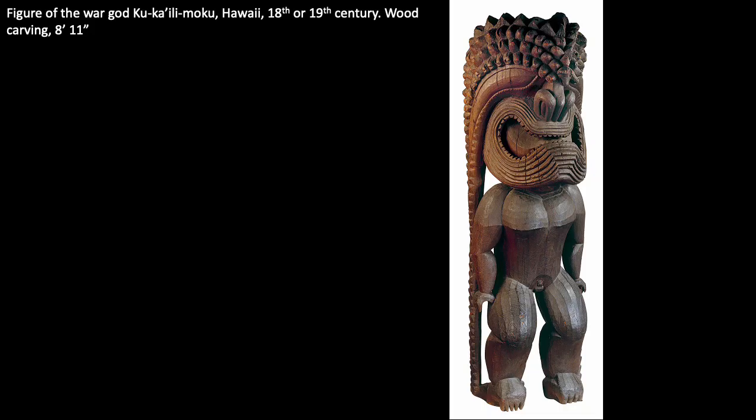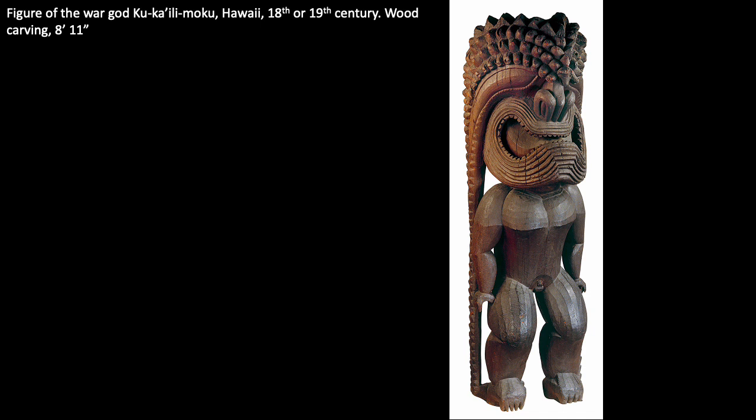Again, we don't have a lot of examples of ancient wooden sculptures because wood is organic and it does eventually decay. However, this is a very nice large example from 18th or 19th century Hawaii. This nearly 9-foot tall figure depicts the Hawaiian war god Kukalilimoku, and it was carved from several large pieces of wood.